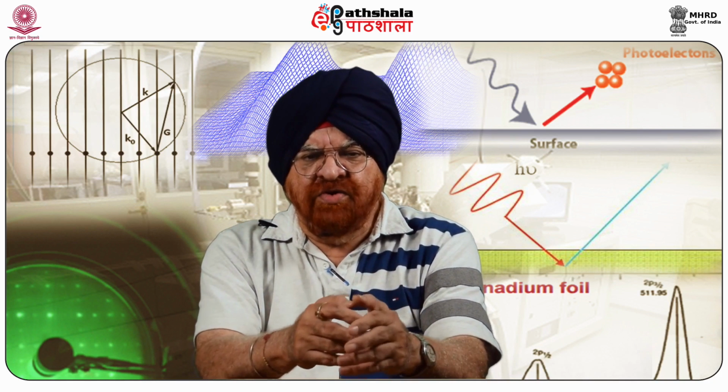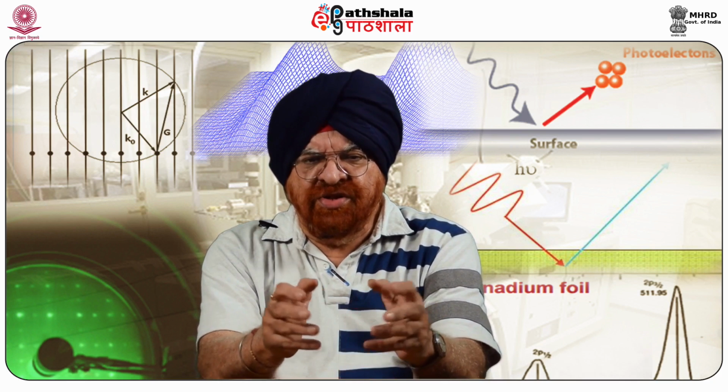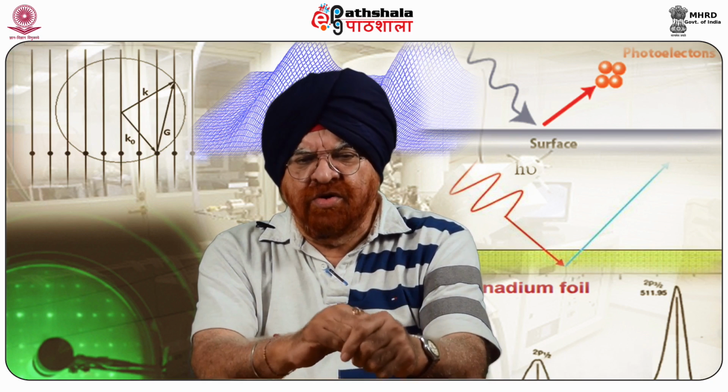Now, after giving you the introduction about this spectroscopy called ESCA in terms of the historical background, the instrumentation, and the general introduction, in this particular module, you have studied the data analysis. So let's summarize what you have learned in this module.